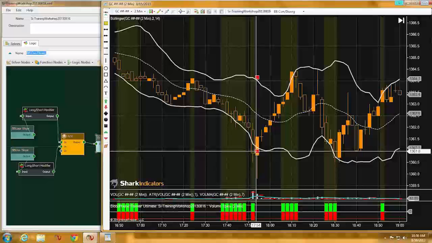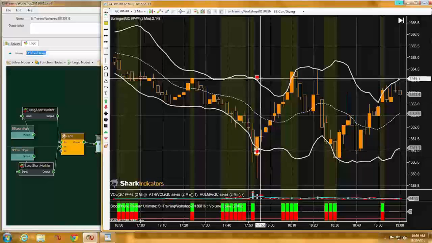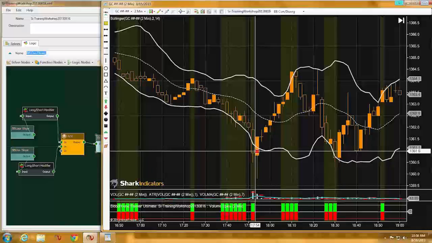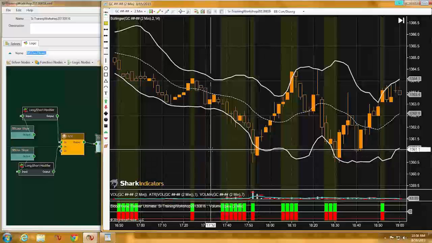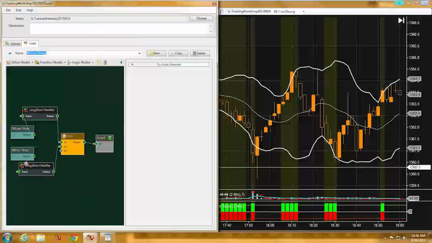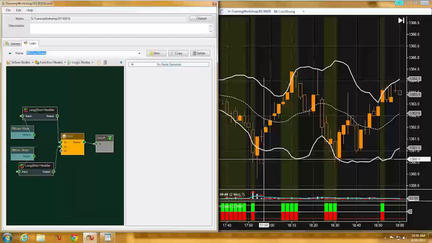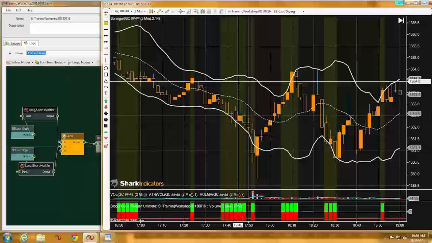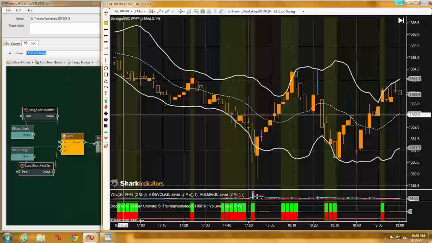So that's how this isn't quite a perfect system. All right, Tom, so that's how we can detect our convergence and divergence, at least for the Bollinger bands or any other kind of bands.